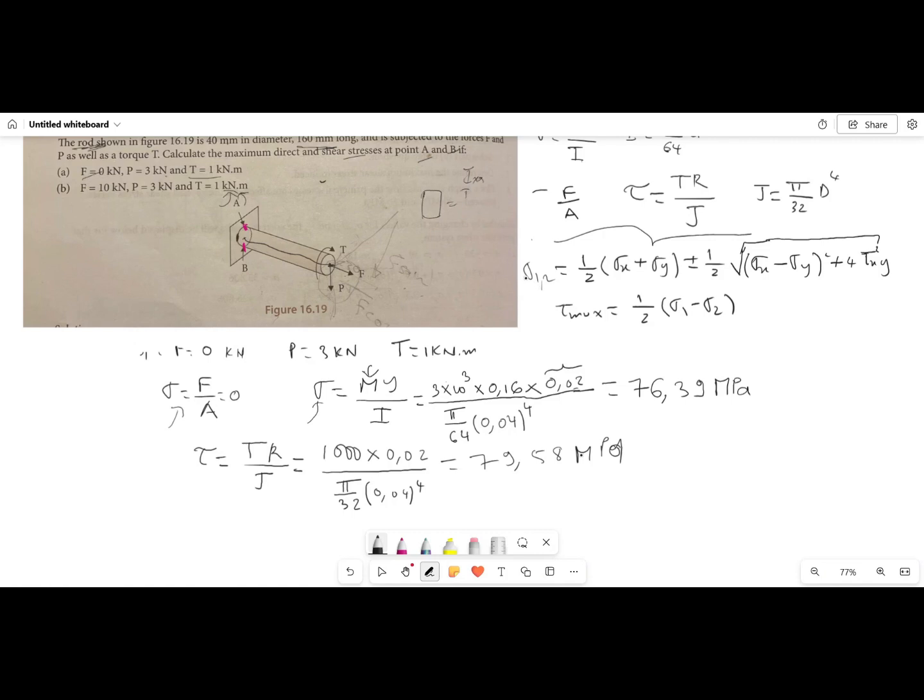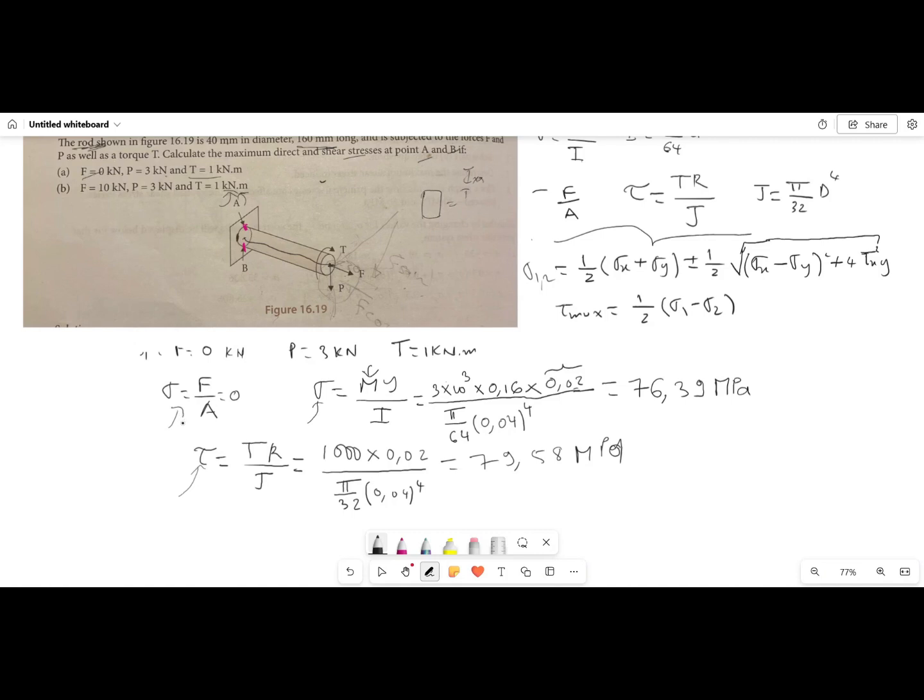You will notice in the formula before, for us to get the maximum stress, we need to solve for these stresses: sigma x, sigma y, and also tau xy. The tau xy will always be your shear stress. Your sigma x and sigma y will always be your bending stress and direct stress.